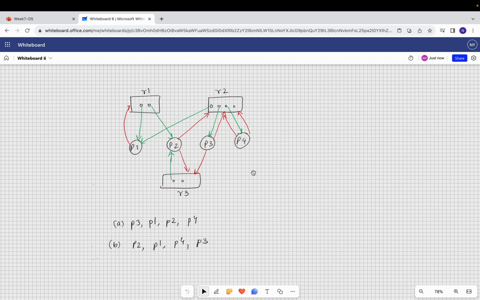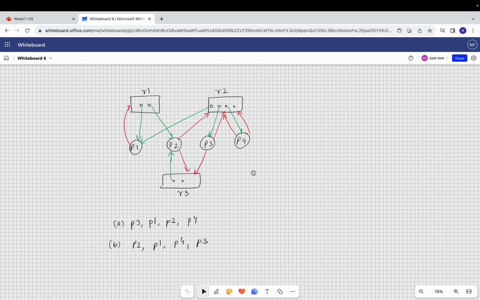The green ones are when the process is actually holding a resource, and the red ones mean the process is requesting a resource. So here we can see that P1, for example, is currently holding 1 unit of R1, 1 unit of R2, and it is requesting 1 unit of R1.